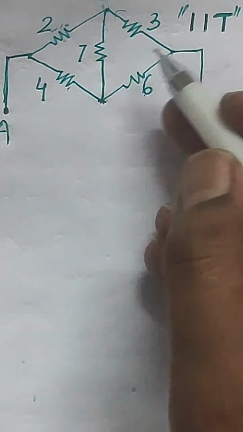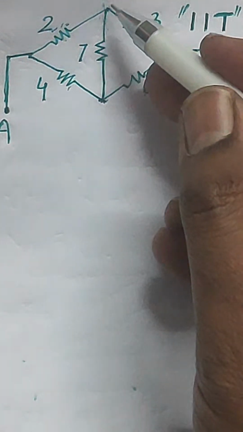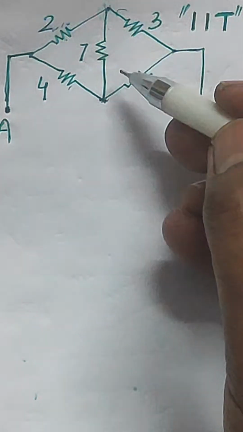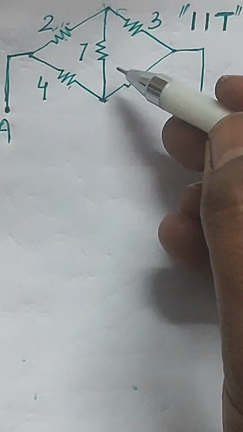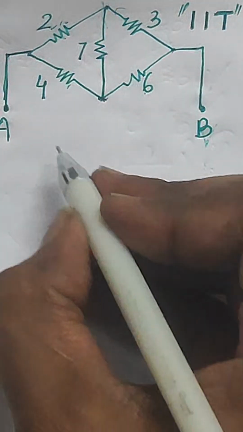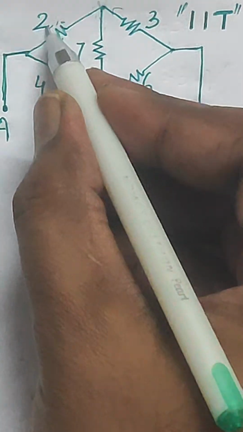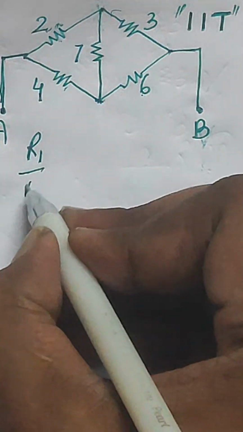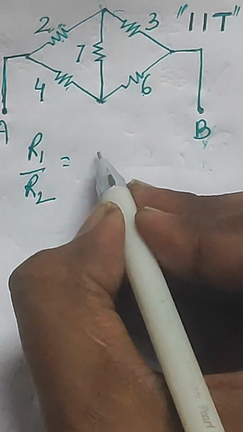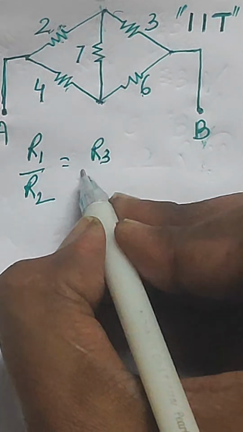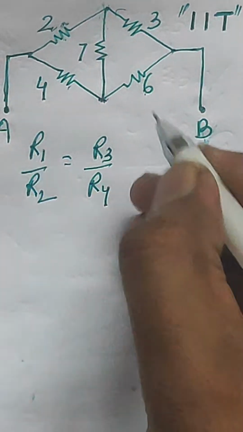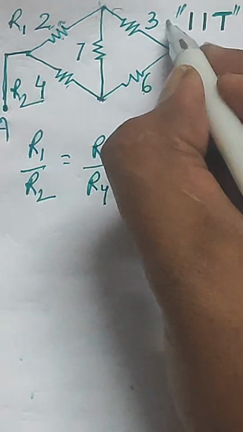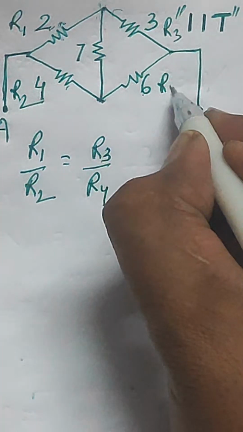When the bridge was balanced, then there will be no current flowing through the middle branch or the tapping loop. So we can say that in that case, we have already seen in the Wheatstone bridge that the ratio of R1 and R2 will be equal to the ratio of R3 and R4, where this is R1, this is R2, this is R3, and this is R4.